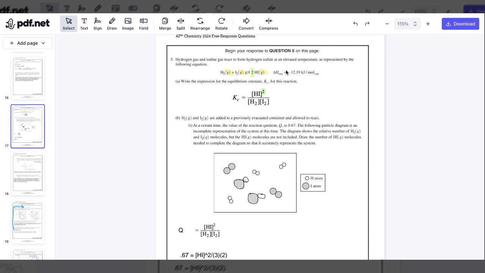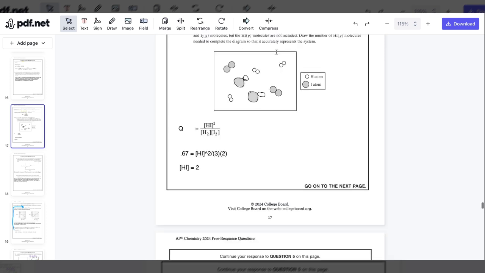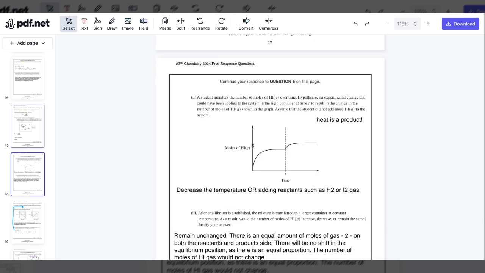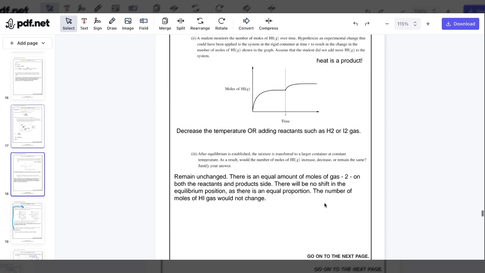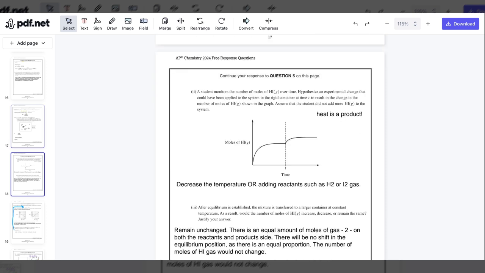It doesn't say in the equation, but you should just kind of know that because this is exothermic, heat is a product. You could decrease the temperature, which means that the system would shift right in order to account for that loss. So either decreasing the temperature or increasing the concentration of reactants would be valid answers.